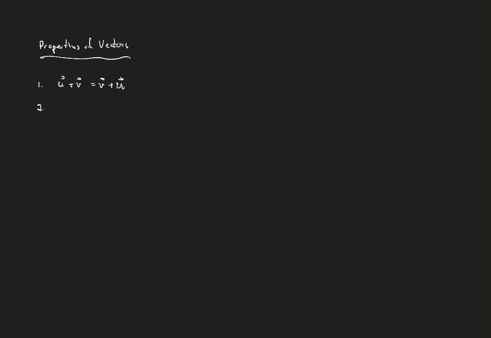That's known as a commutative property. And also the order that you add three vectors does not matter. So if I add the first two together first, I'll get the same thing as if I added the second two together first, or whatever order we wanted. So the order that you add vectors doesn't matter.